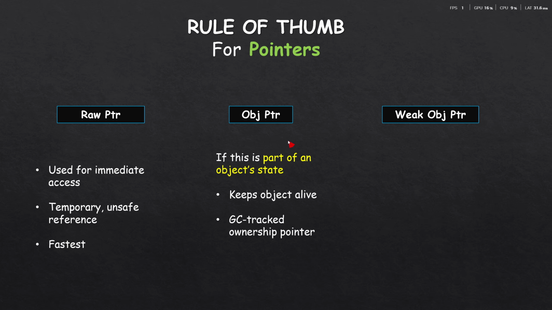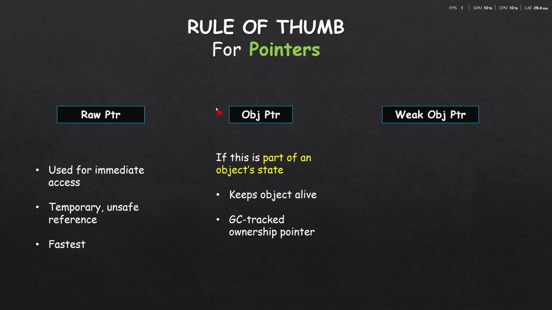Now here's a big catch. The objects that are holding these variables, which are using object pointers, if they get destroyed due to some gameplay mechanics, for example, if your enemy director needs to keep track of all the enemies in the map so that it can coordinate the movements and attack, then in that situation, it should not hold the reference as object pointer nor as raw pointer, because raw pointer gets destroyed after a specific tick because garbage collector is keeping track, because these are temporary, and object pointer is not a good choice because your enemy can be killed by the player.